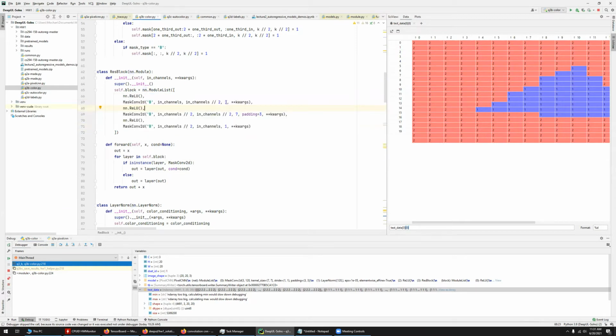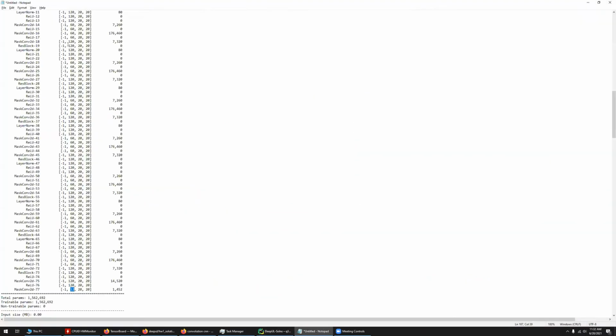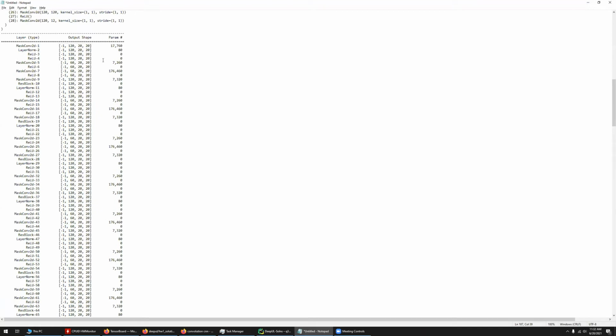And note the first one is a 1 by 1 convolution, which I believe is just used to resample. So here we can see this first masked Conv2D is used to change 120 to 60. And then the middle one uses the 7 by 7. So there's a lot of parameters here.